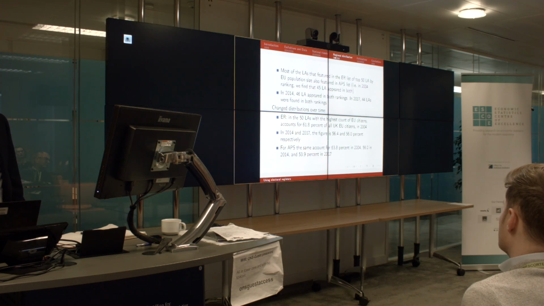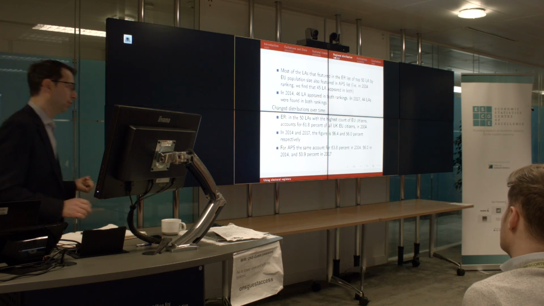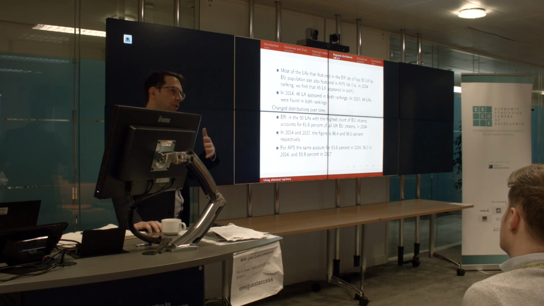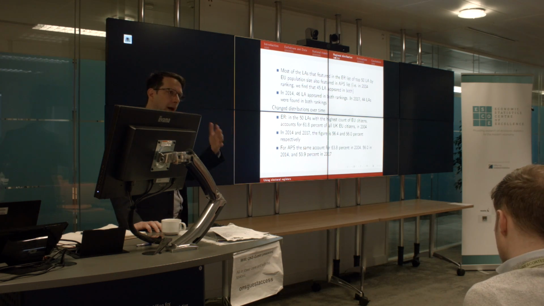Now, the first bullet point I've just said already. Yes, so change in the distribution over time. We know through numerous reports that during this period, EU migrants have distributed themselves differently from where they were living in 2004.